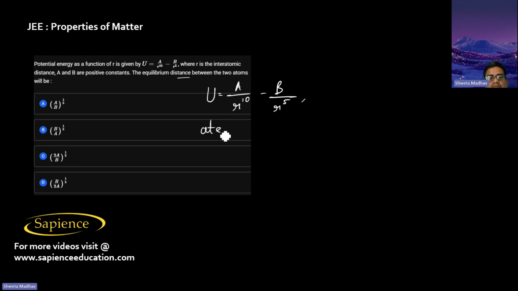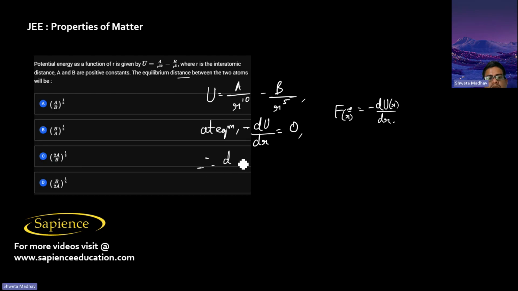So at equilibrium, force, that is minus dU by dr, will be equal to 0, since force as a function of r is given as minus dU by dr.